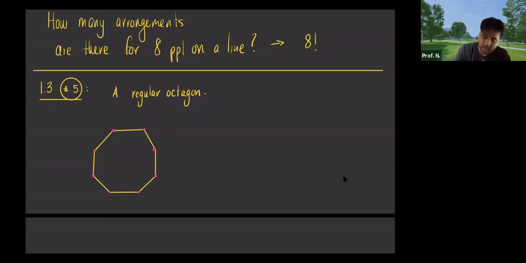So we have 8 sides and 8 vertices. What I want to do is make a triangle. So for example, one triangle could be selecting one of these vertices.